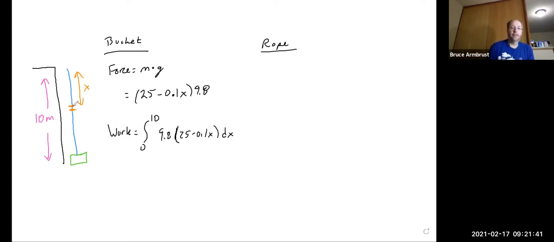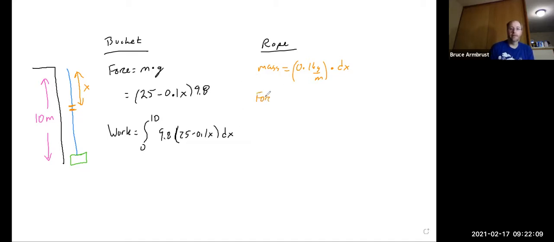So what's the mass of this little piece? Its mass is going to be the density we were told, 0.1 kilograms per meter, times its length. Its length is a little tiny differential, a dx.